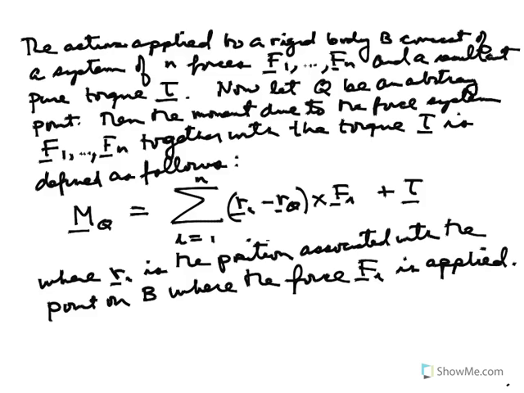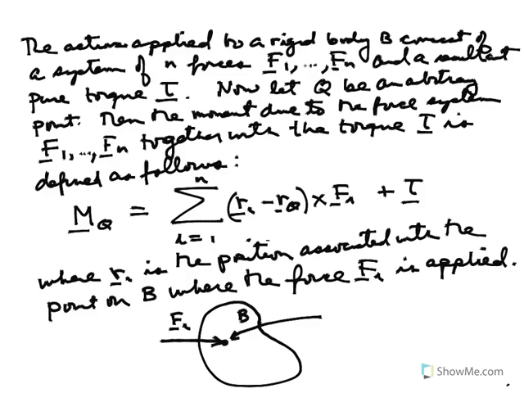So in other words, what that means is that if I have this rigid body B and there's a point on the body and the force is applied at that point, this location right here, this is the location on B where F sub i is applied.